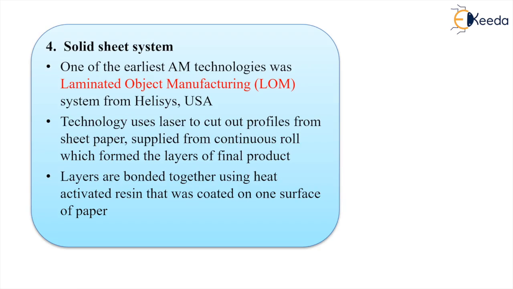One of the earliest AM technologies was laminated object manufacturing. Please remember, this is very important. Laminated object manufacturing system from Helisys, USA. This LOM was developed by Helisys. So what does the technology involve?